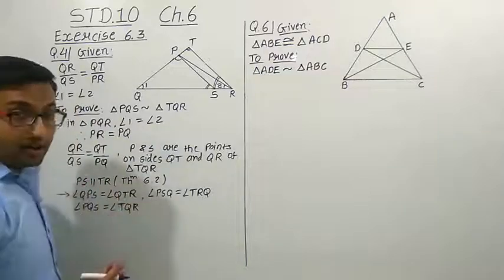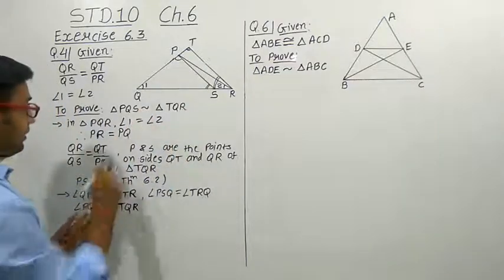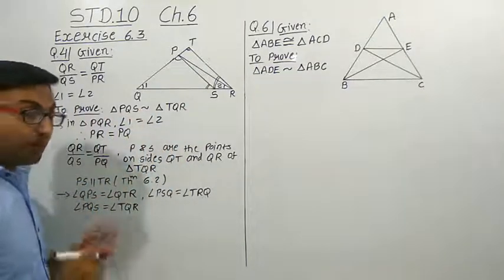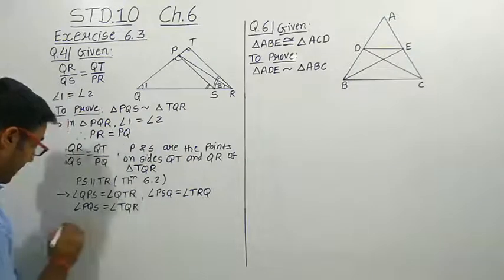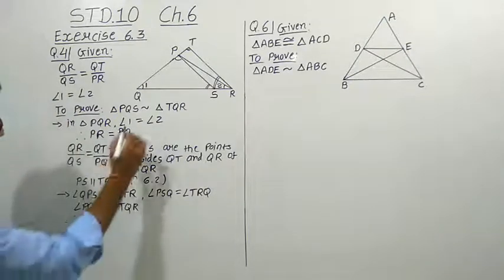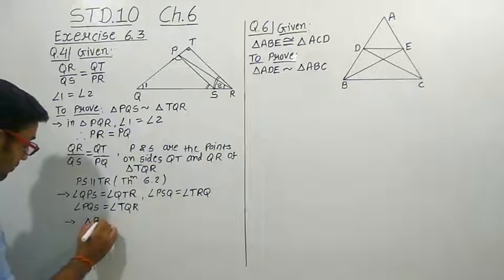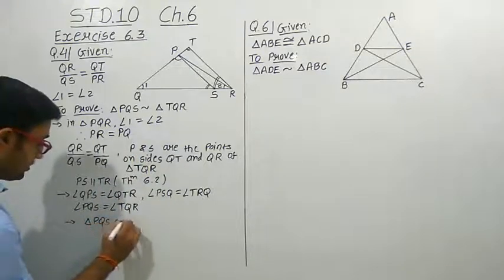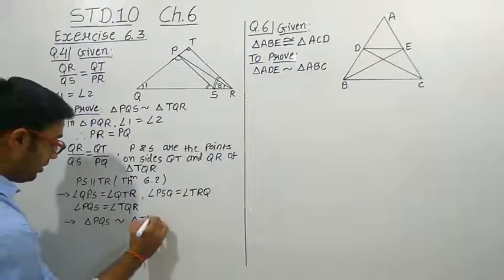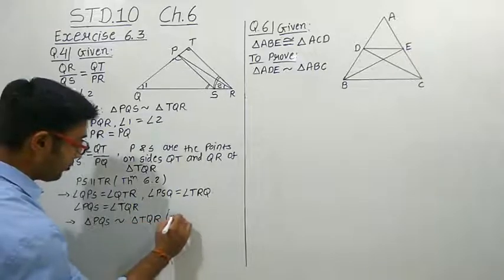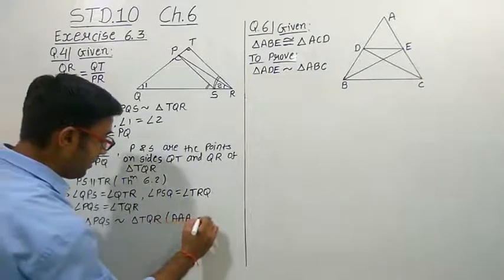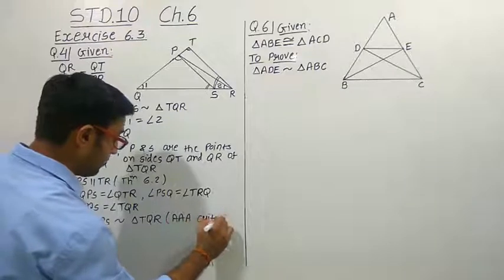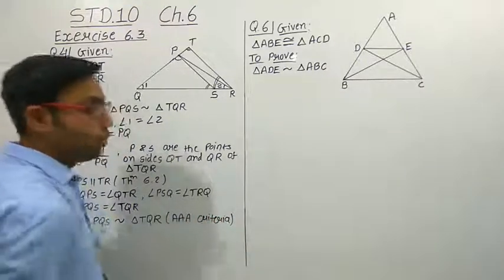So all three angles in both the triangles are equal to each other. Now what will happen? We can write down that triangle PQS is similar to triangle TQR according to the angle criteria or angle rule.